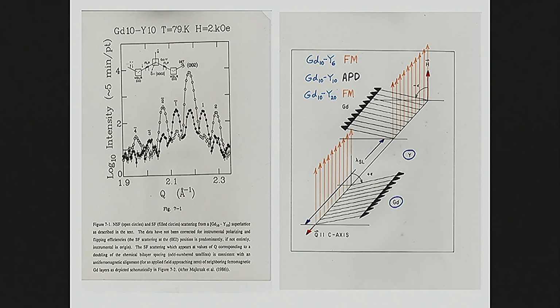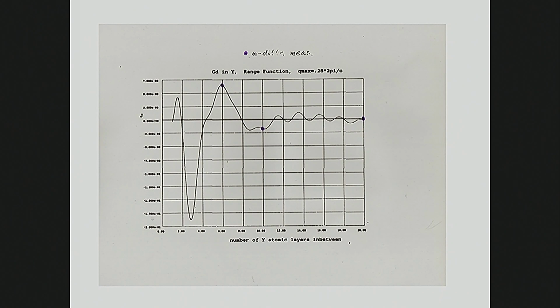And it turns out that the explanation for this is the long range RKKY interaction, long range indirect exchange. It oscillates. It depends on how far apart those ferromagnetic layers are.